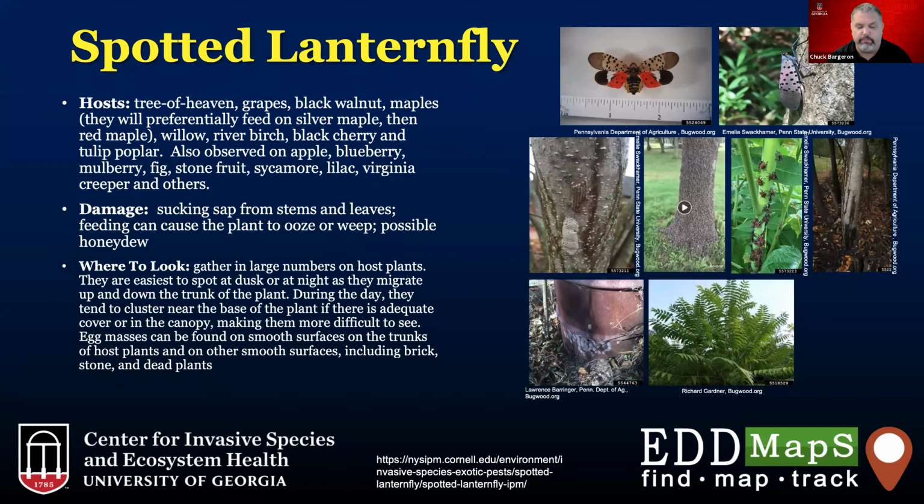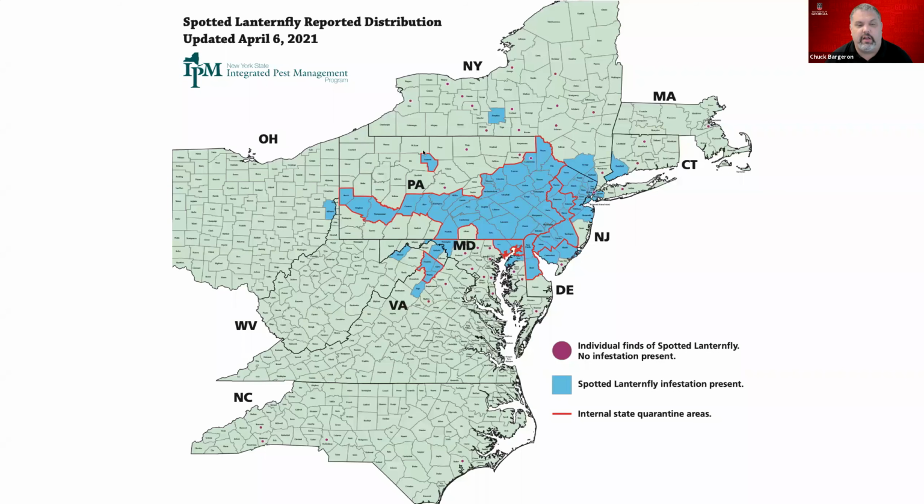And so that is where having information on where tree of heaven is gives us a good place to start in terms of where to look for spotted lanternfly. Here's the most updated distribution maps. As you can see, those blue counties around Pennsylvania, Maryland, and into New York are where infestation is present.